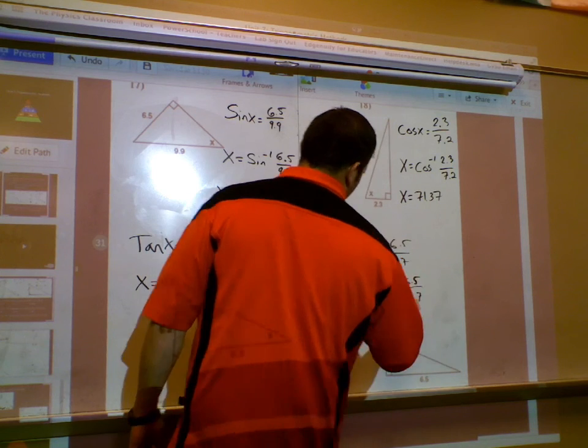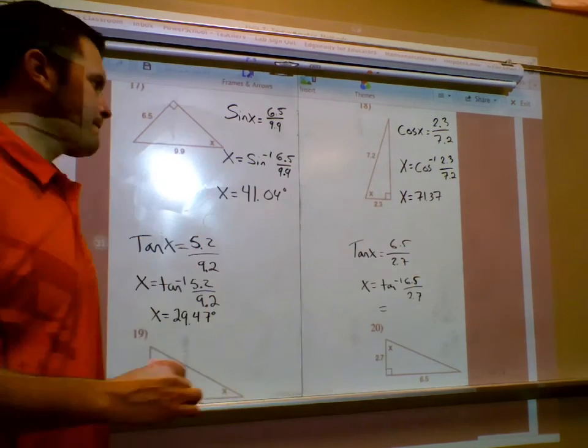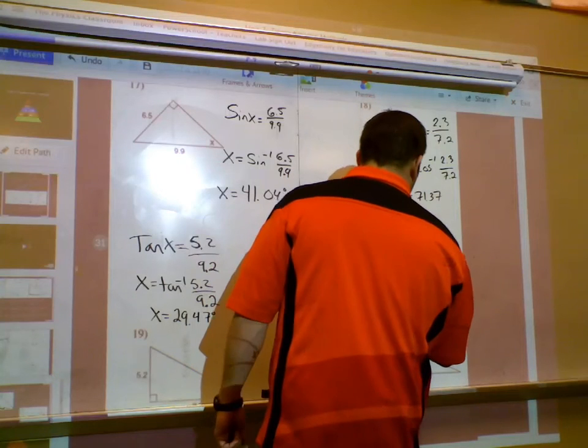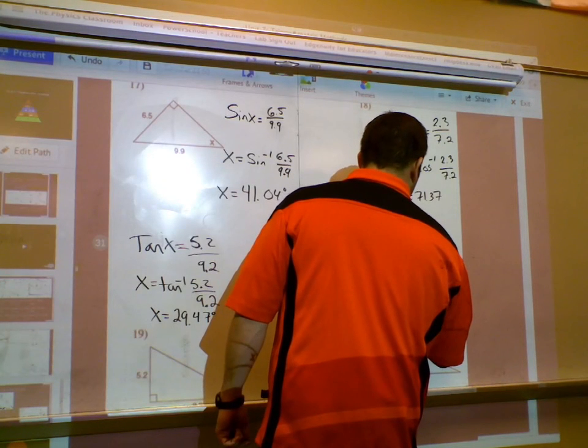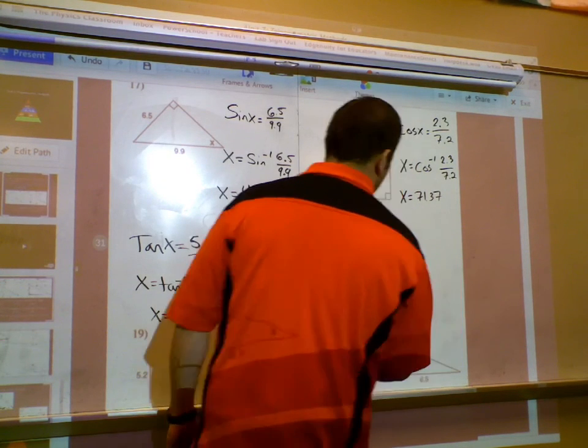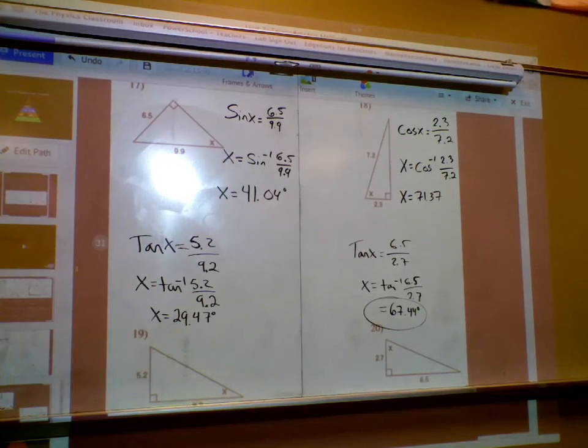And what do we get? 67 point something. If you have your ratio set incorrectly, then you'll have like 22.56. That means you had them flipped. Okay. Any questions? Anybody?